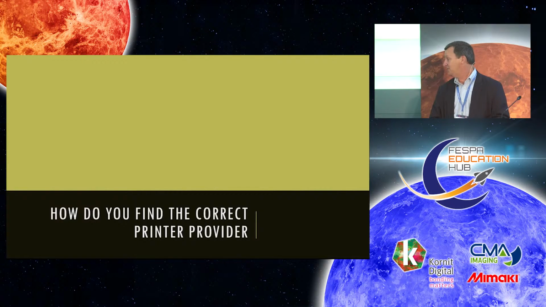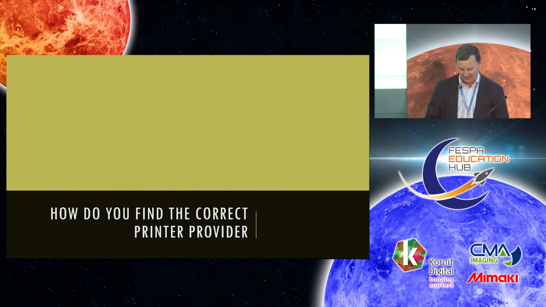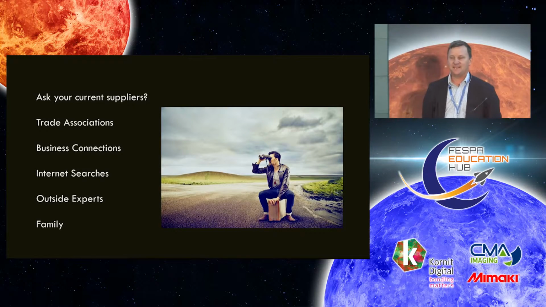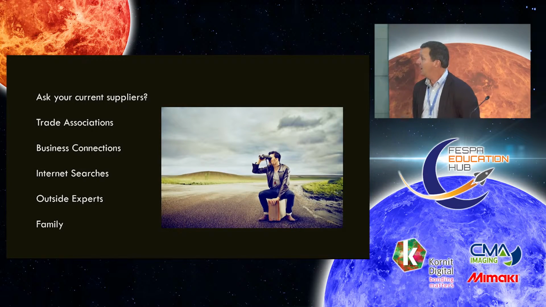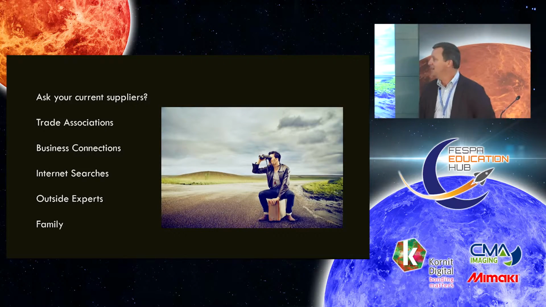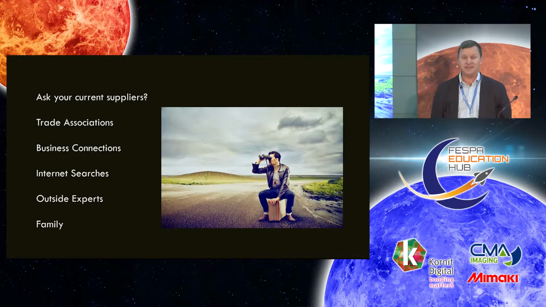So now we boil down to how to find the correct provider. You're on the search for that particular provider, so where do I look? You can ask your current providers, do you print this? Do you know anybody that prints this? Visit your local trade associations and your business connections.